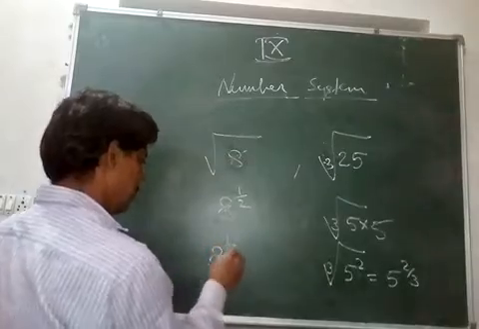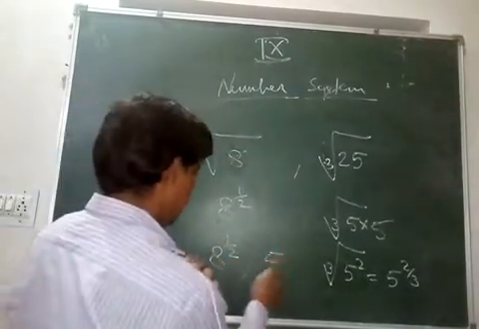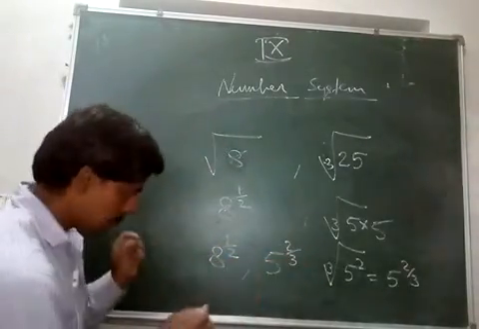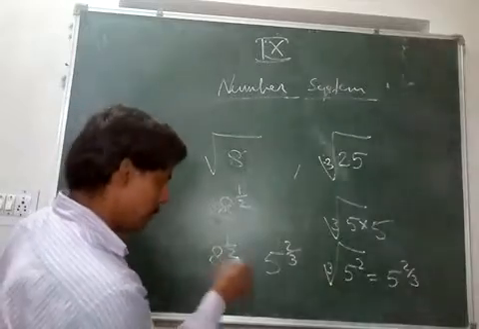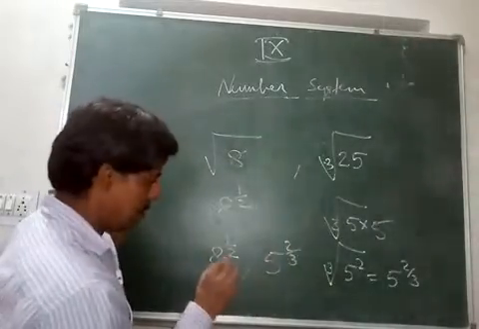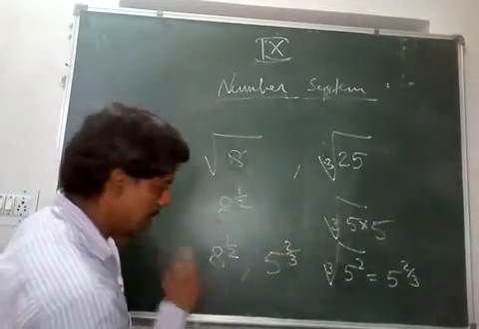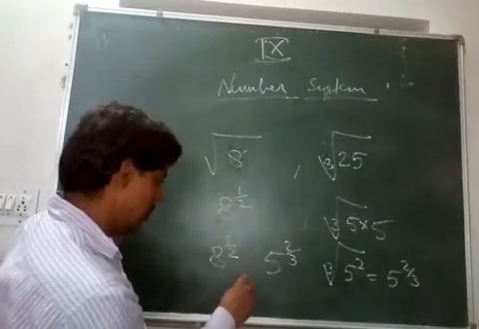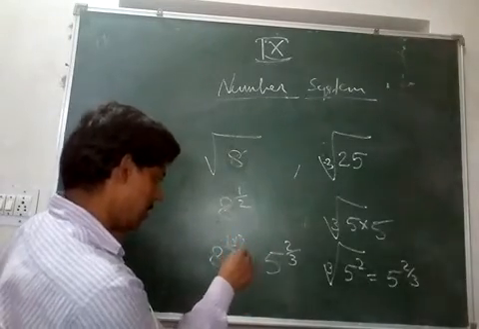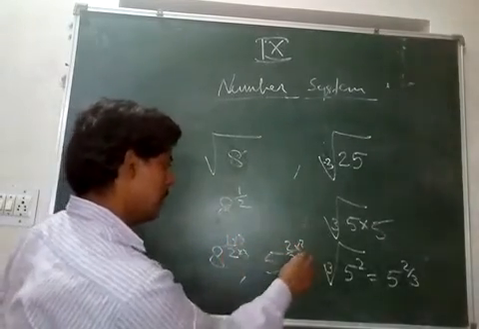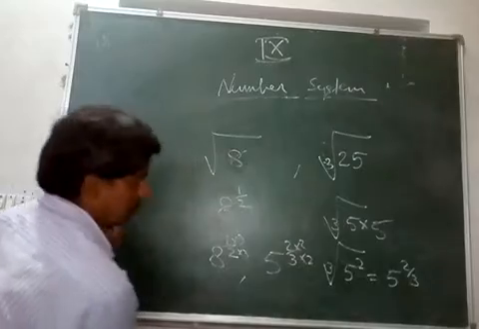So we have 8 to the power 1 upon 2 and 5 to the power 2 upon 3. If I can make 1 upon 2 and 2 upon 3 in the same exponent, then I can compare this. So what I can do here is multiply this by 3 and 3, and this by 2 and 2. This is very important.